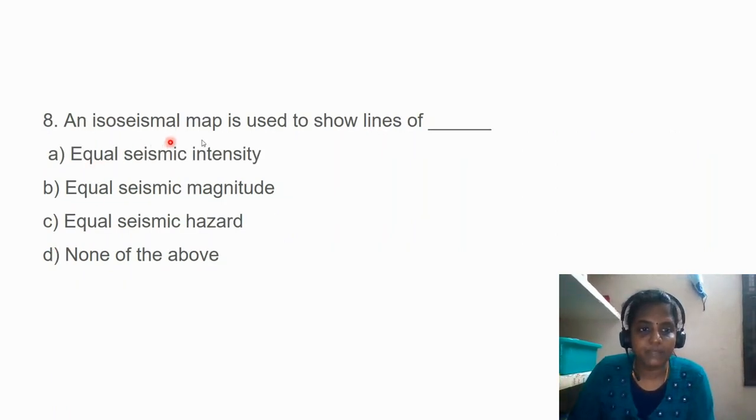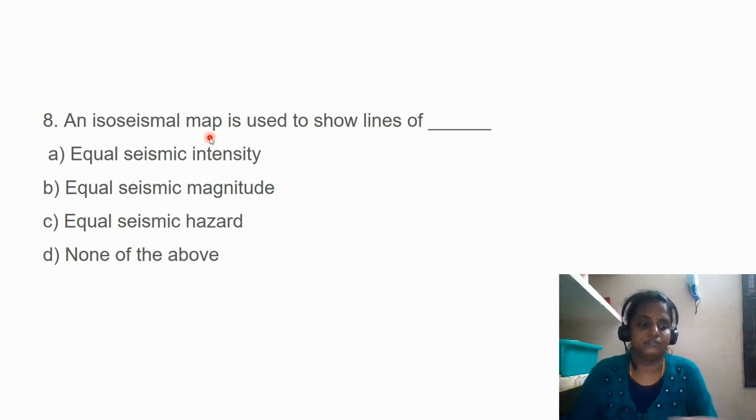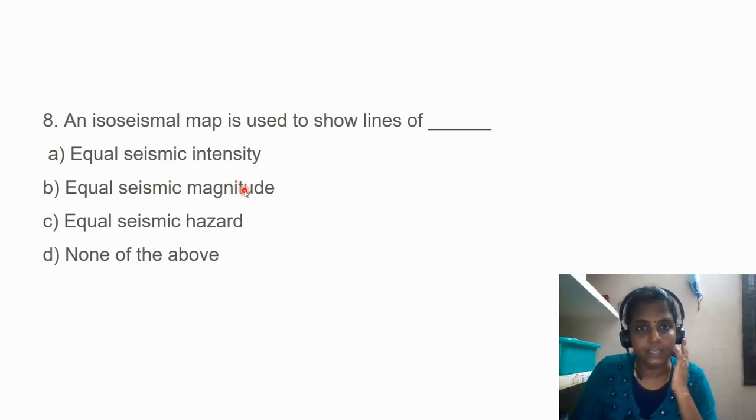An isoseismal map. When we are about to do a project in a seismically active zone, do you know into how many zones India has been divided in terms of seismicity? Any idea? Anyone? Any number?